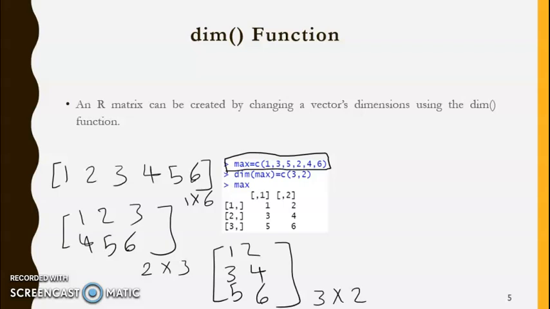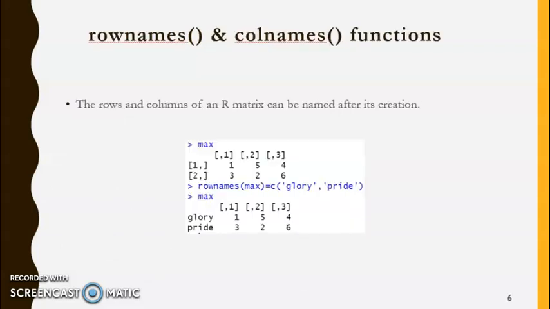Let's go for another function in the field of matrices. Row names and col names. Row and col is column, and they are used to name a matrix's rows and columns, because in future you will notice that when we are making our databases, of course, all the rows need a name and all the columns need a name, because in that situation we can refer to them.